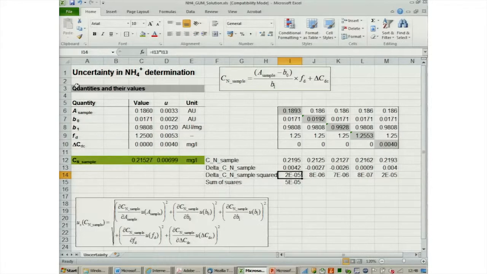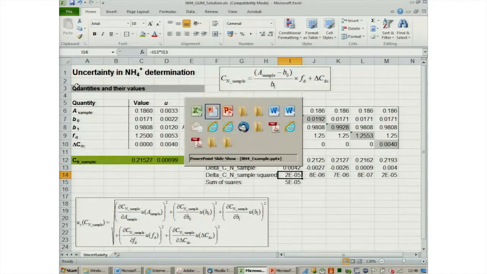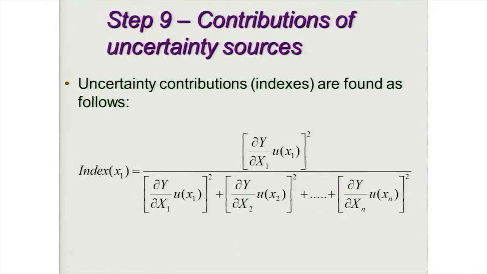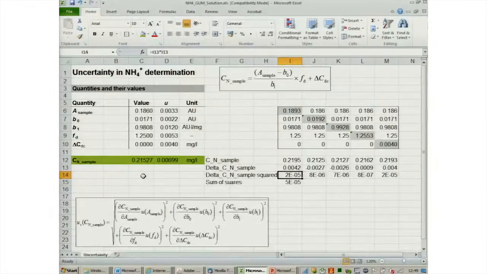This calculation goes actually very easily. The uncertainty indexes are calculated by ratioing the squared uncertainty component under question to the sum of all squares of all uncertainty components. And this can be very easily done here.